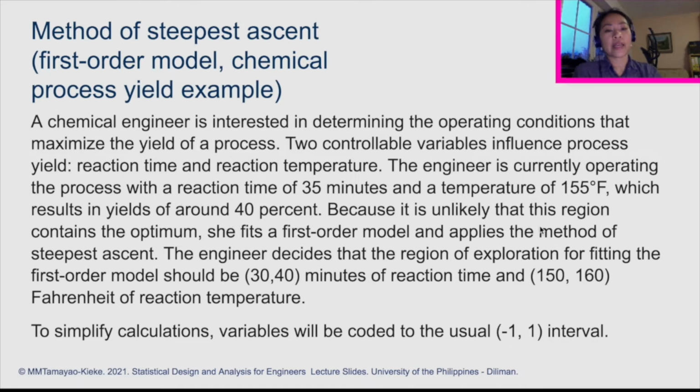Because it is unlikely that this region contains the optimum, she fits a first-order model and applies the method of steepest ascent. The engineer decides that the region of exploration for fitting the first-order model should be 30 to 40 minutes of reaction time and 150 to 160 degrees Fahrenheit of reaction temperature. Now, to simplify calculations, variables will be coded to the usual -1 to 1 interval.